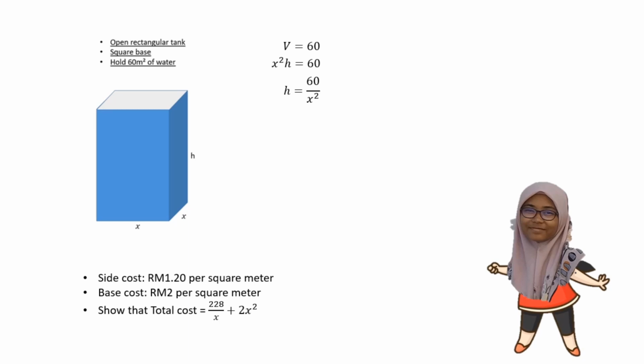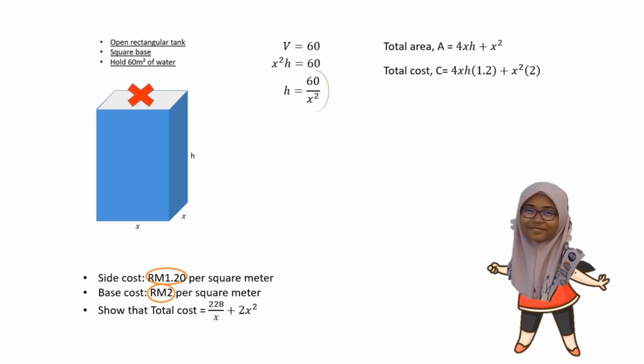Next, let the total area of the tank be A. Since it is an open rectangular tank, A is equal to 4xh plus x squared. Total of the cost, C, is equal to 4xh times 1.2 plus x squared times 2. We times 4xh with 1.2 because RM1.20 is the cost for the sides, and we times x squared with 2 because RM2 is the cost for the base.